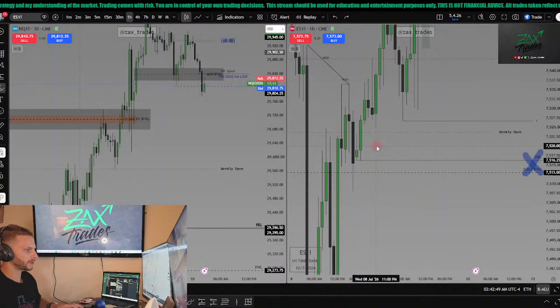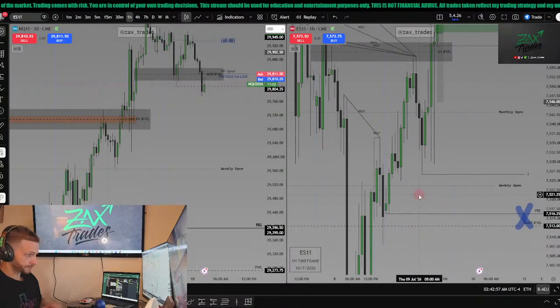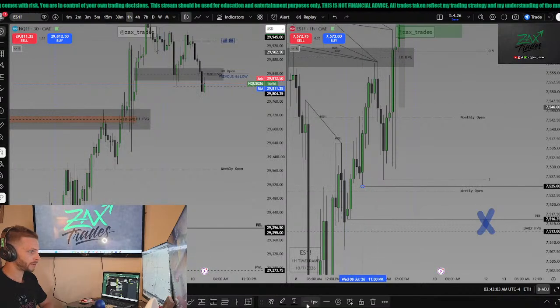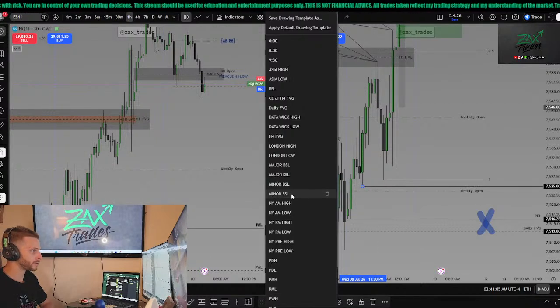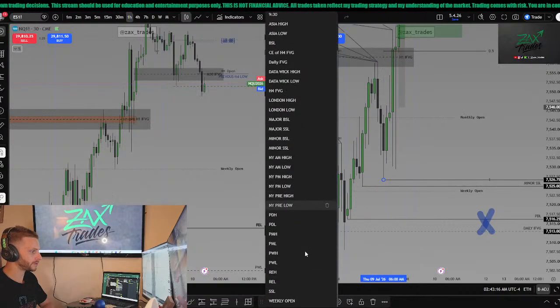So that would be your 11 PM, so that'd be your Asia, and then this is 6 AM. You'd call that London low from yesterday. So to not get it confused with today's London and Asia, I would probably just call this minor sell side, and then we could mark this as a relative low.